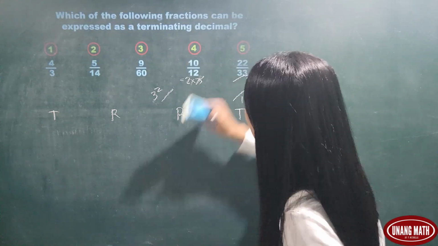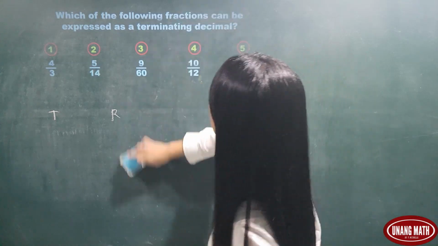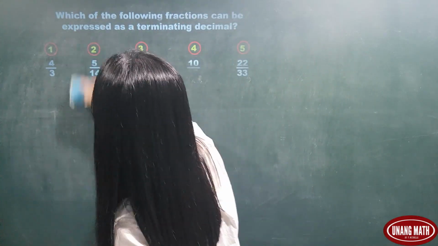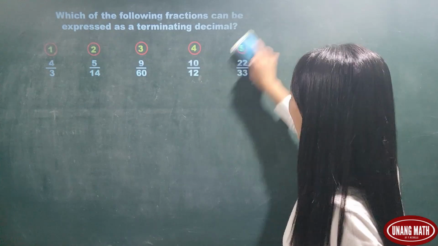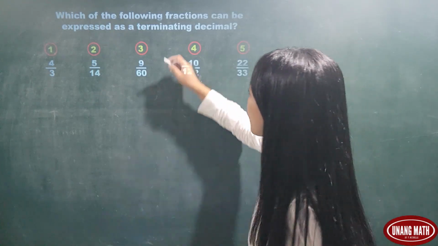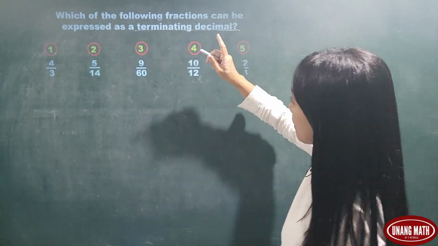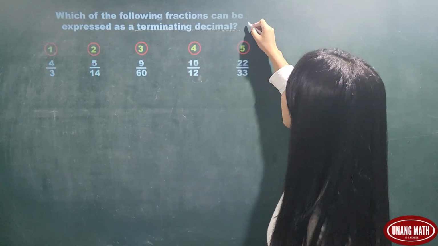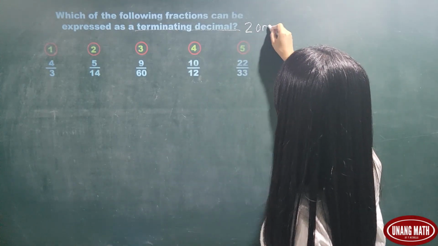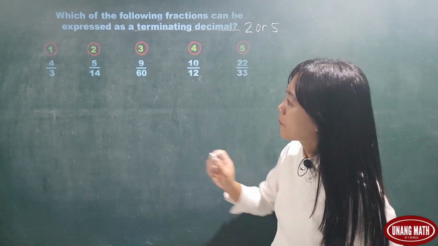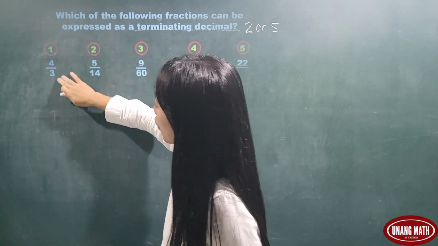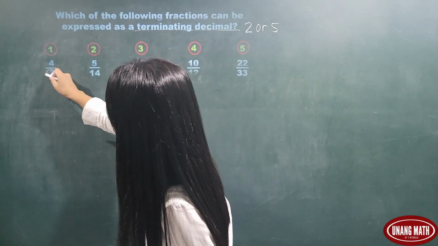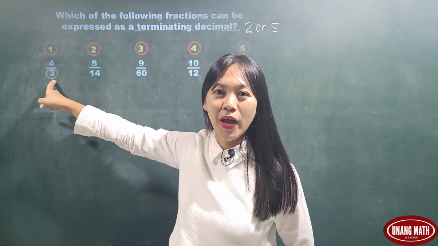Let's move on to the next activity. Which of the following fractions can be expressed as a terminating decimal? Again, for a terminating decimal, check the denominator. The prime factors must be 2 or 5 or 2 and 5. Let's check number 1, 4 over 3. The denominator is 3. It's not 2 or 5 or 2 and 5.